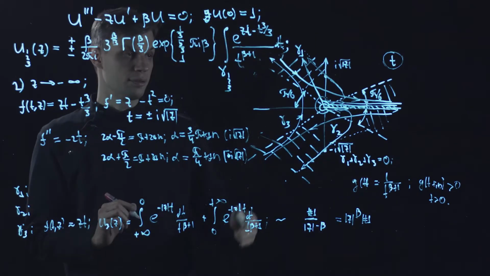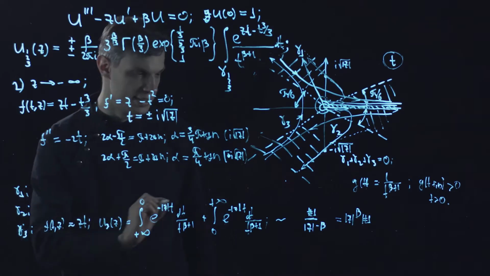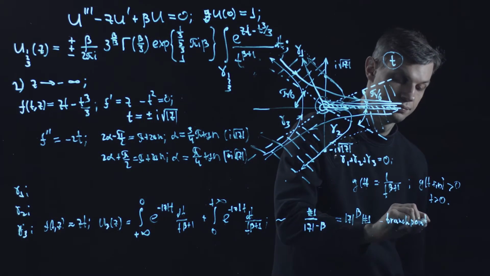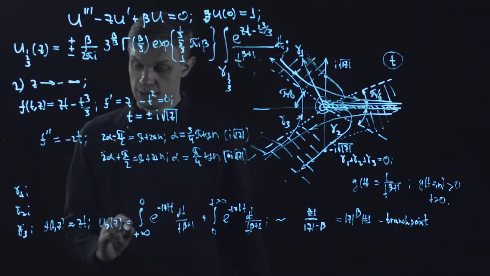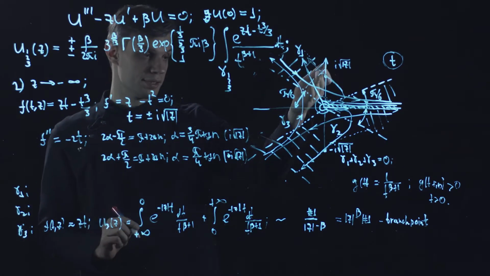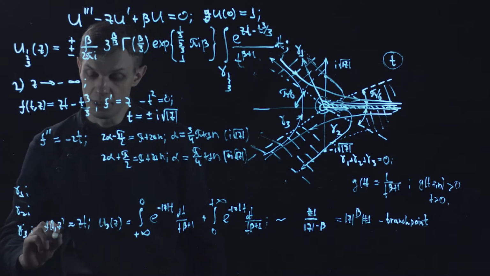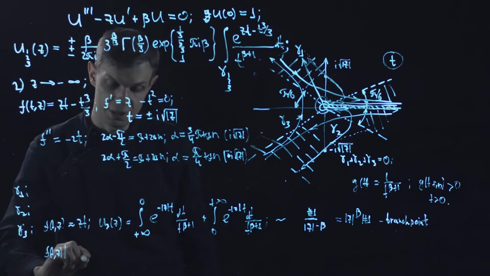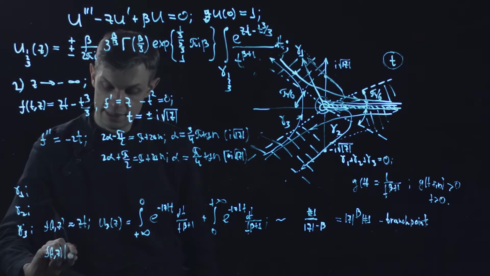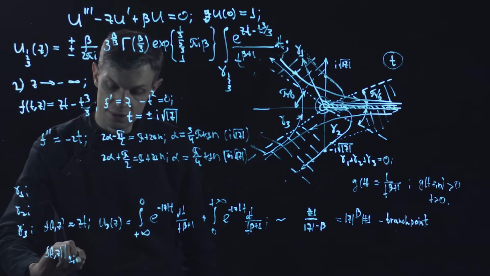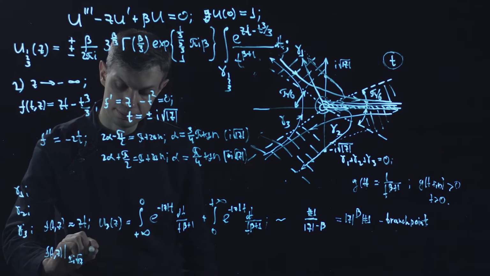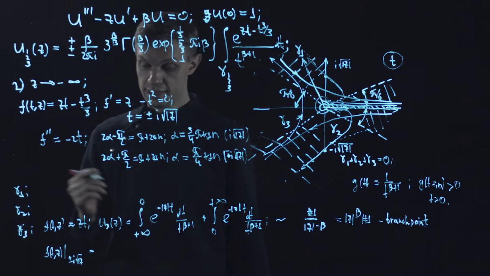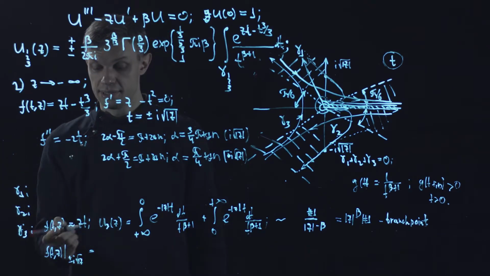Now let us compute the contribution from the saddles. So that's the branch point. The saddles are here and here, and first we compute the value of our exponential function at the points plus minus i square root of modulus z. And we just plug it in here and get the standard behavior.